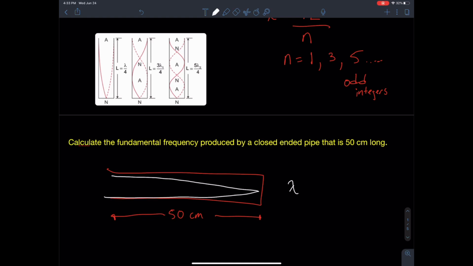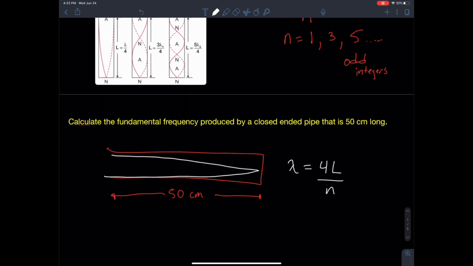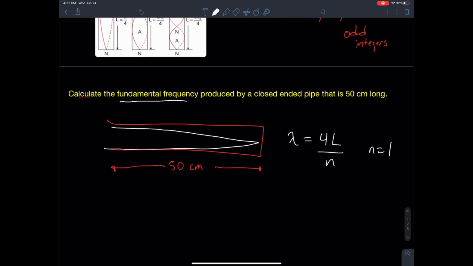So again, my wavelength is equal to 4 times L over n. In this case, for the fundamental frequency, n is equal to 1. So my wavelength is going to be 4 times 0.5 meters. Remember, I have to use SI units. So my wavelength is going to be 2 meters long.